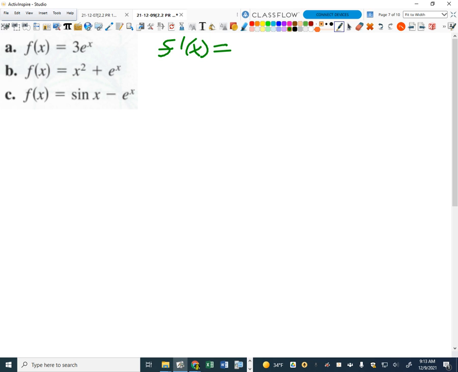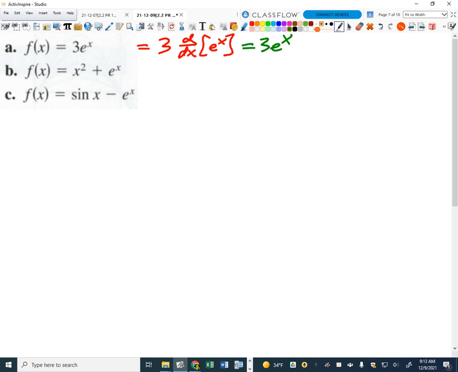And really this is the same thing as saying 3 times the derivative with respect to x of e to the x. The 3 we can just pull out in front of the entire derivative and differentiate the function part, and then distribute the 3 when we're done. Okay, which gives us 3 e to the x.